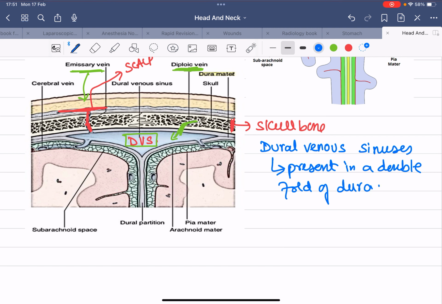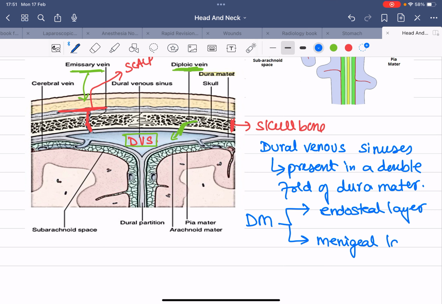Dura mater has two layers. One is the outer layer which is near to the skull bone, known as the endosteal layer, and the other layer which is near to the meninges is known as the meningeal layer. So between these two layers are your dural venous sinuses.